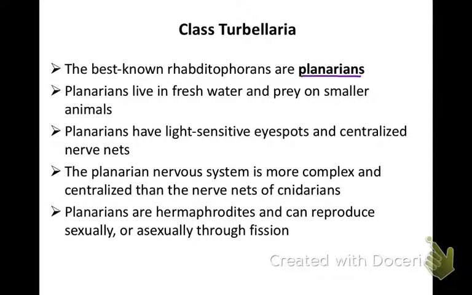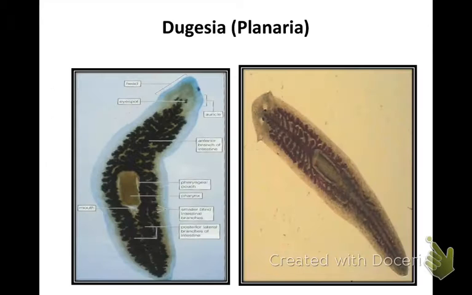That nerve net is a bit more complex than the simple nerve nets that are observed in the cnidarians. So planarians are hermaphrodites, but they can also reproduce asexually by fission. So if you cut one in half, the head end will form a tail and the tail end will form a head.